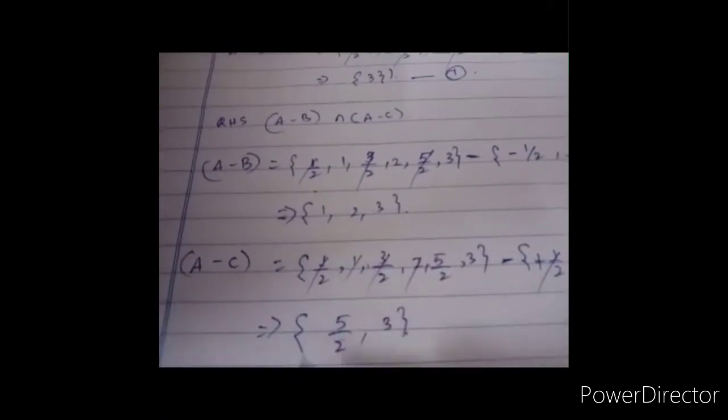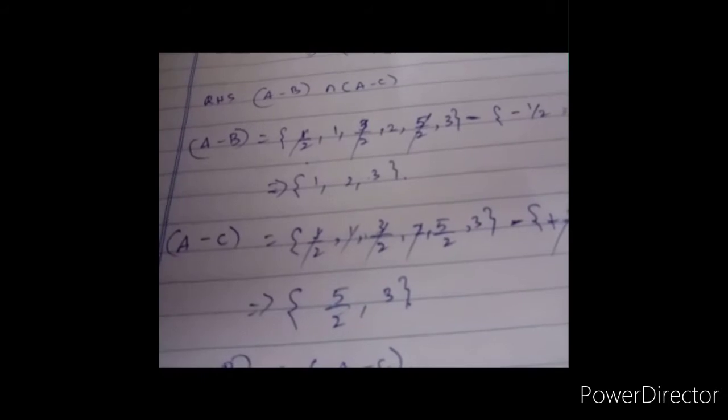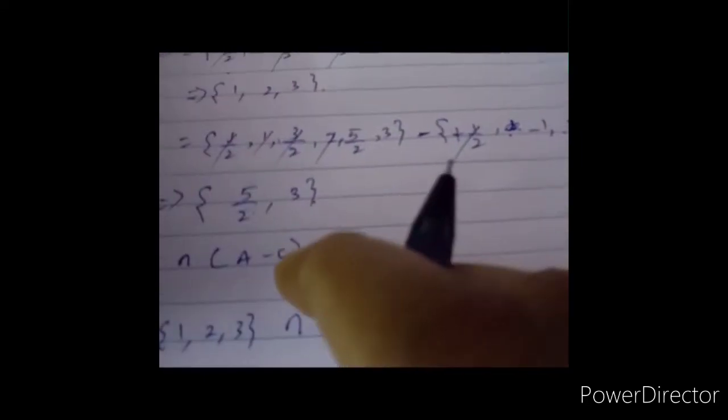Now (A minus B) intersection (A minus C). What is A minus B? 1, 2 and 3. Intersection A minus C is 5/2, 3. So intersection means the element which is common in both sets. If you see here, 3 is common.